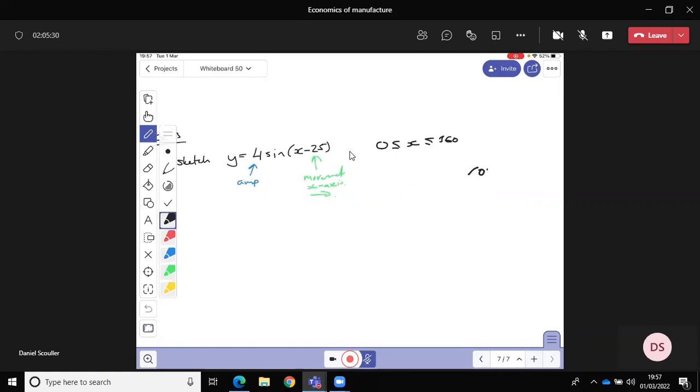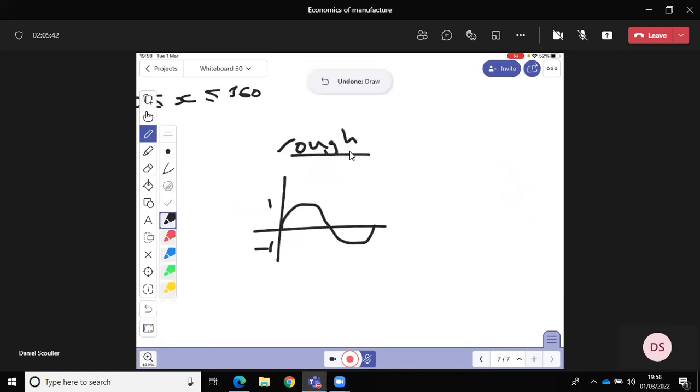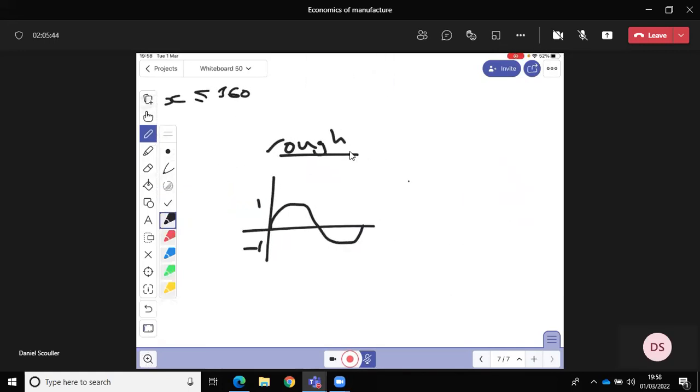Then, just to be rough, I'll draw out my normal graph and then look at what the changes are going to be. So the amplitude is 4.